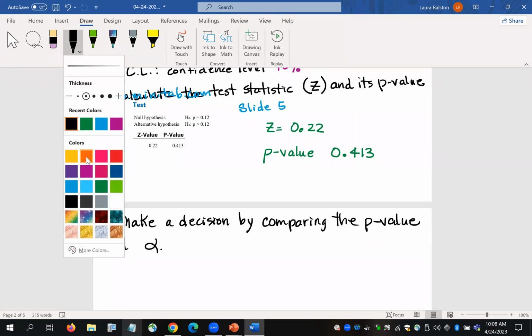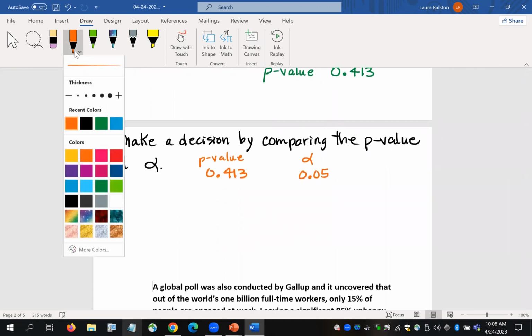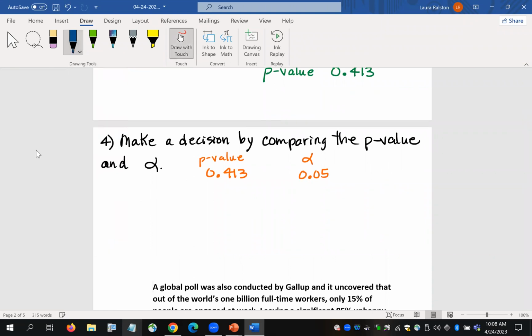So if I do that, my p-value from Minitab is 0.413 and alpha is 0.05. I'm going to compare it digit for digit like we always do. For the p-value, the first number after the decimal is a 4. For alpha, it's a 0. 4 is greater than 0, so p is greater than alpha.